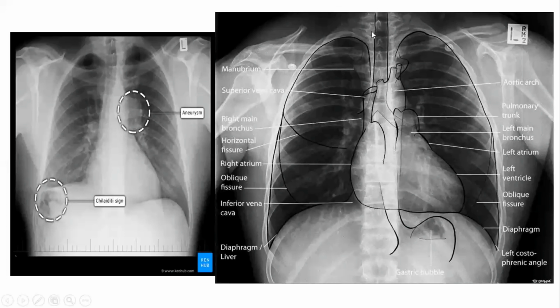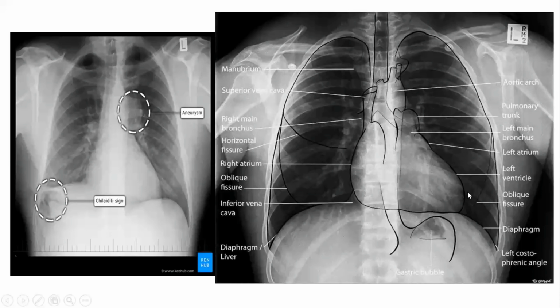Once again, to revise, the central structure is the trachea. For tracheal position, we should look at the vertebral bodies and spinous processes. Then this is the aortic arch. Then here the pulmonary trunk, and this is the left main bronchus. So see the translucent area, and this is the pulmonary bronchus. This is the left main bronchus and this is the pulmonary trunk.